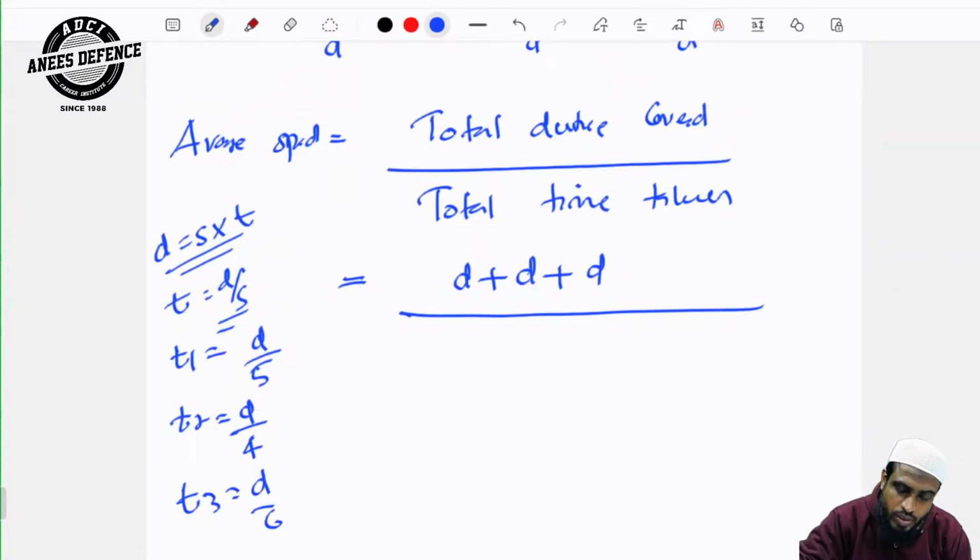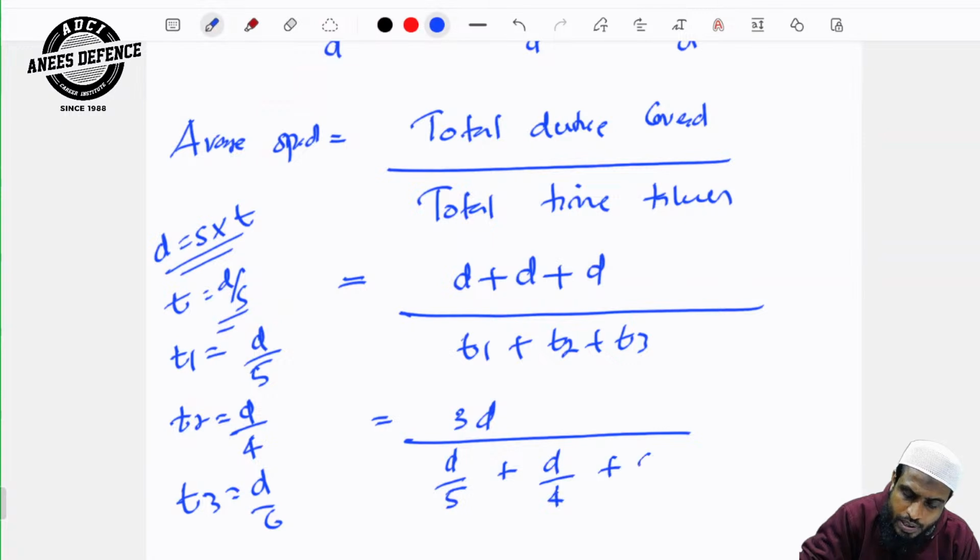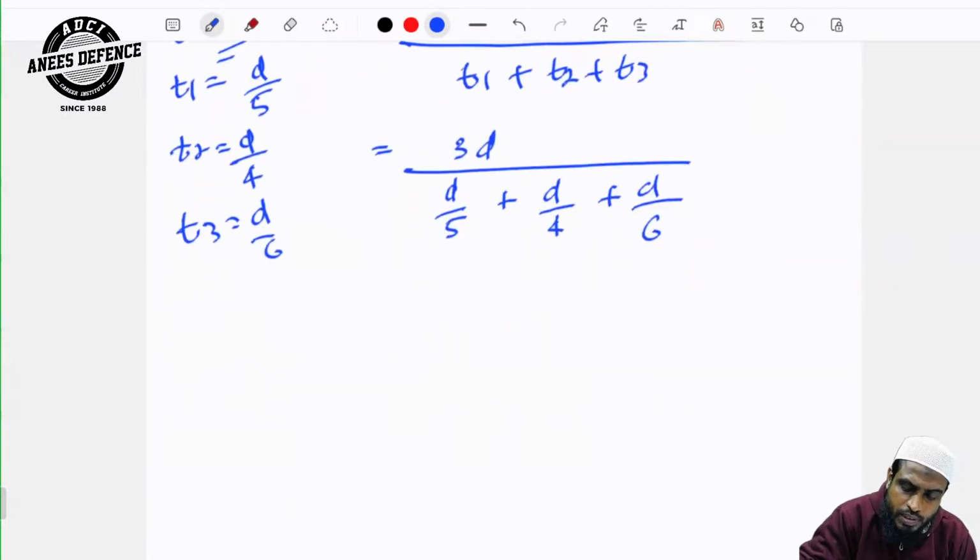Understood? So the time taken you can write like this: T1 plus T2 plus T3. So this is 3D divided by D distance with 5 kilometer, D distance with 4 kilometer, and D distance with 6 kilometer.